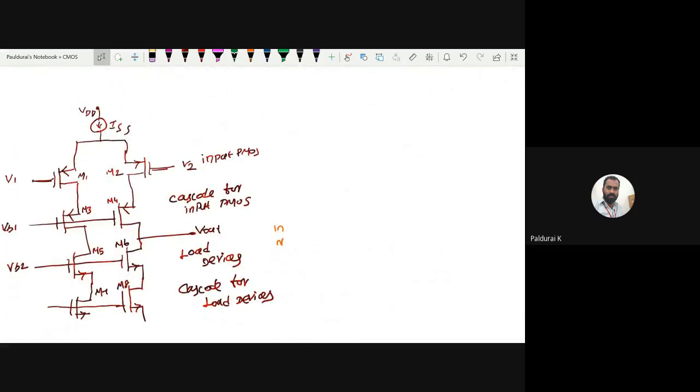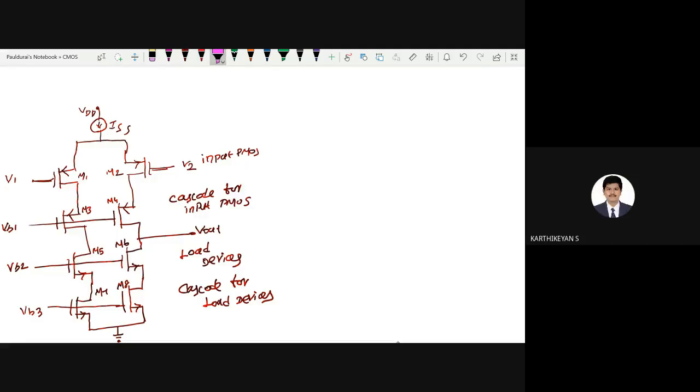Any doubt? How to sketch a telescopic op amp with PMOS input pair? Any doubt in this?